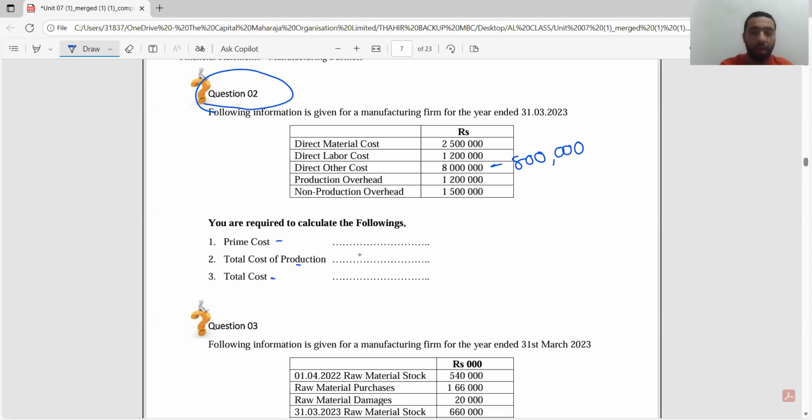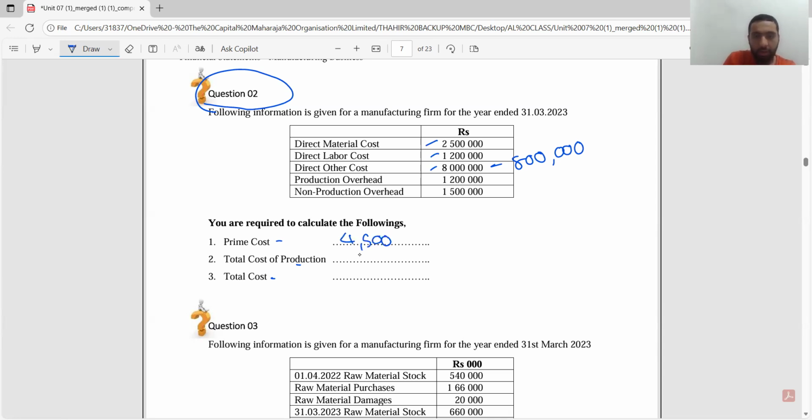Right. Ashwini has given us the answer for prime cost. Right. Ziana has given us all the answers. Okay. So prime cost is, yes, this plus this plus this.